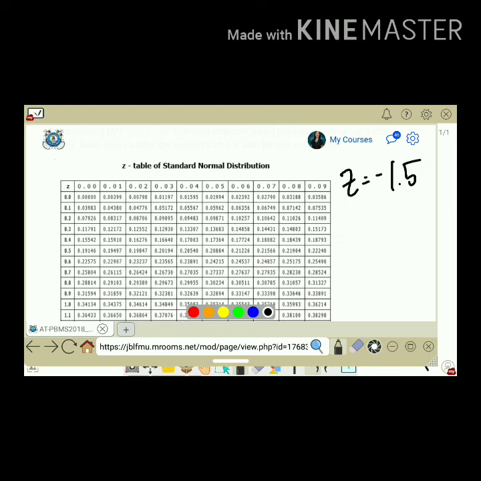So again, express first into 3 digits: negative 1.50. So first that is negative 1.5, and next your 0.00.